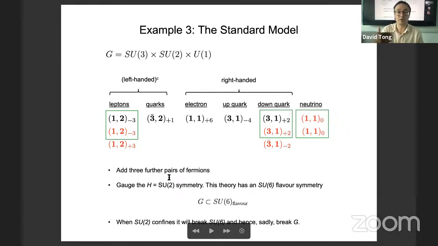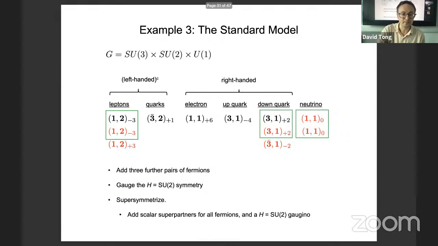And that something else means introducing new fields. And the way we introduce new fields is exactly the same as in the previous example. The new fields are just super partners for everything on the screen. That means we introduce a bunch of scalar fields to partner all of these fermions.